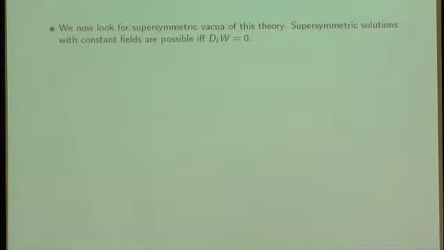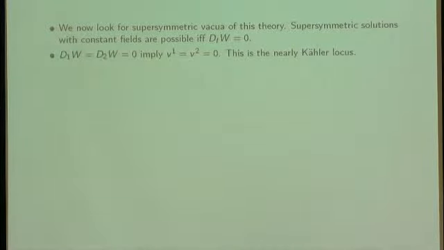In order to look for supersymmetric solutions for the theory, a supersymmetric vacuum where the fields are constant with respect to these domain wall directions, you find from the 4D Killing spinor equations that N=1 supersymmetry is equivalent to setting the F-terms to 0, which is exactly what you have in the usual case.